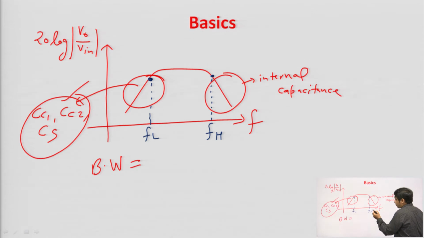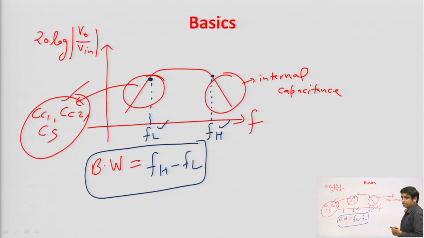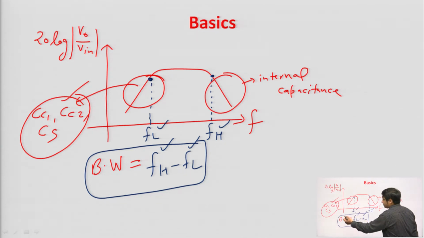FH is also called the upper corner frequency and FL is the lower corner frequency, and the difference between FH and FL is called the bandwidth of the amplifier. So, to calculate the bandwidth, we need to calculate the values of FH and FL.